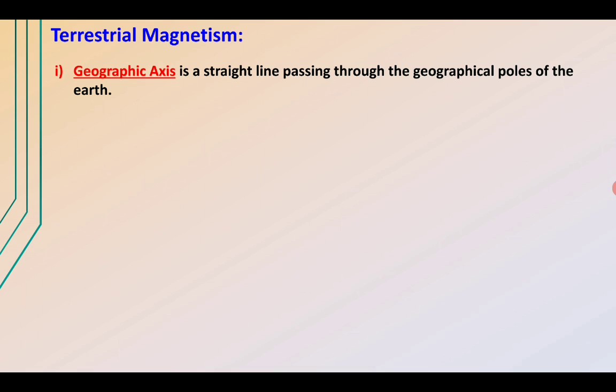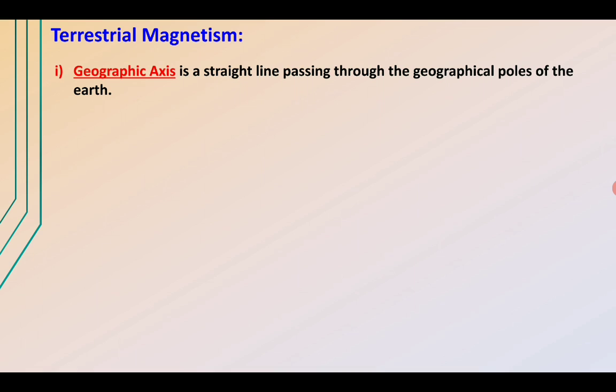Now we have some other terms to define for the Earth's magnetic behavior. As we know that a current carrying solenoid behaves as a bar magnet and it has a north pole and south pole. Similarly, our Earth is also behaving as a bar magnet. It has a north pole and a south pole.